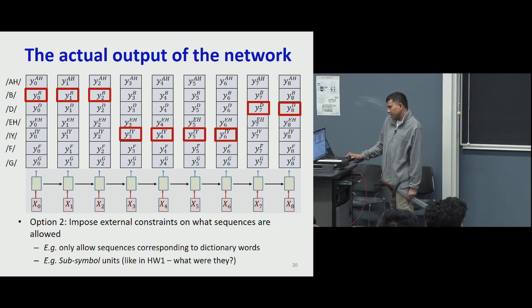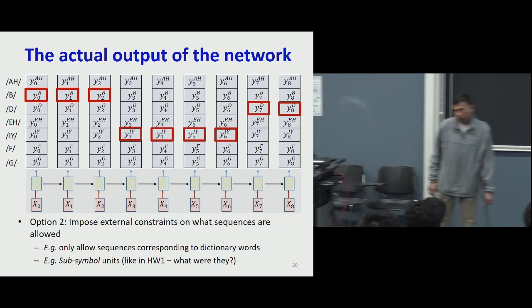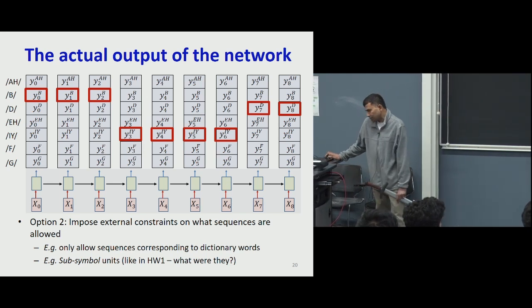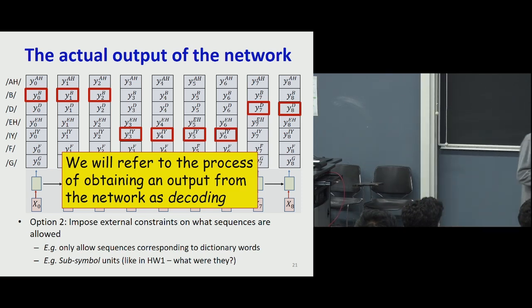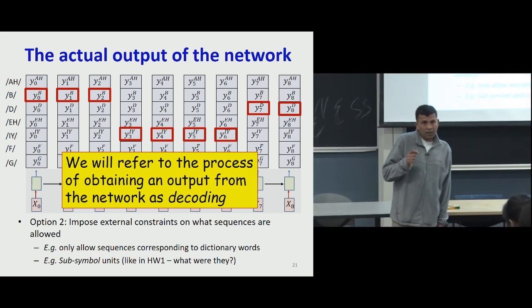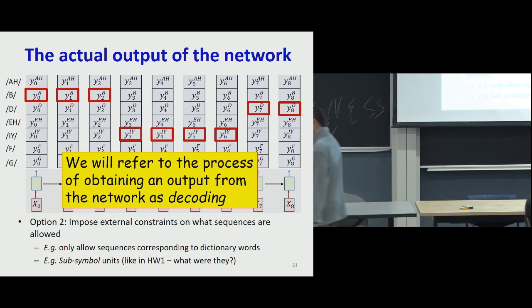So you could try to impose external constraints like only allowing sequences that correspond to dictionary words, or allowing only certain sequences of sub-symbols like we saw in homework 1. That doesn't really matter. We'll get back to the problem in detail in a bit. But this whole process of obtaining an output from the network as part of inference is what we will call decoding. And you're going to see this term decoding a few times.